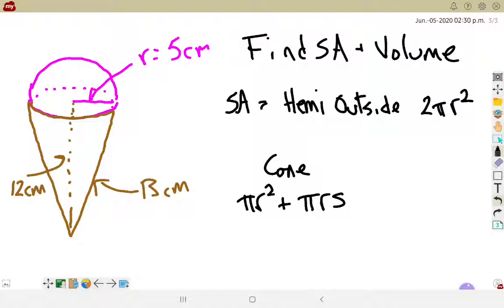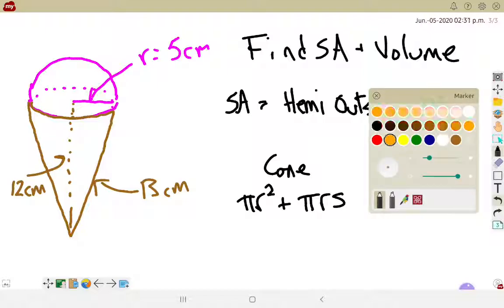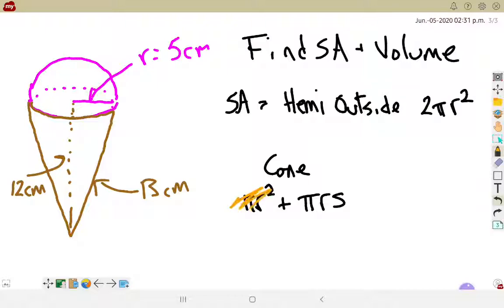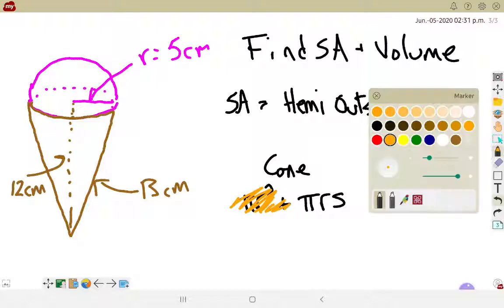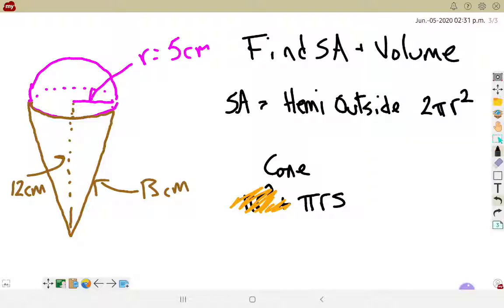But in this case, I don't have the bottom circle of the cone because that's where my ice cream is. So I'm going to eliminate that part of my formula and just work with pi r s. So what I have is 2 pi r squared for the outside of the hemisphere, and then pi r s.